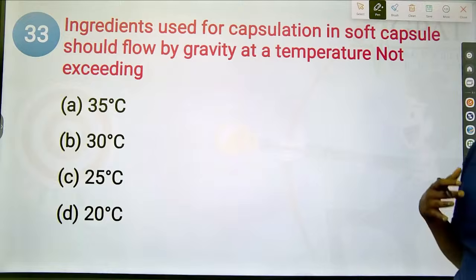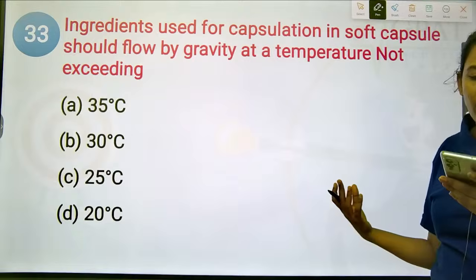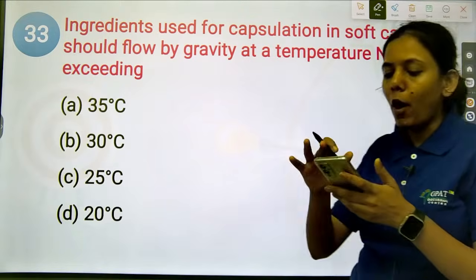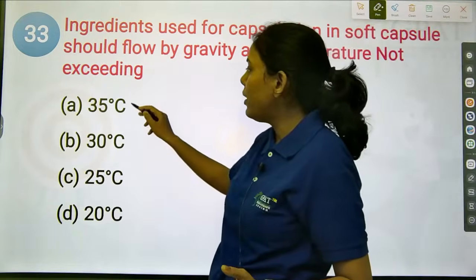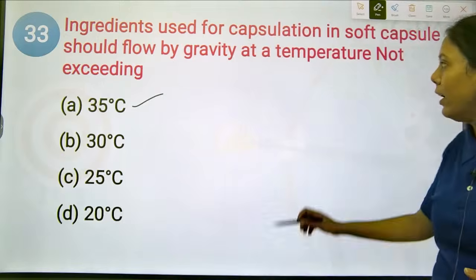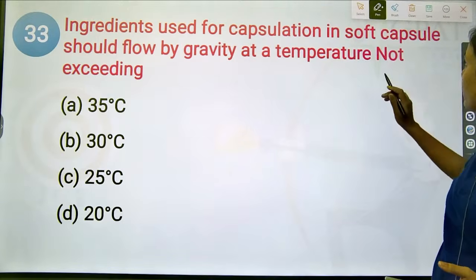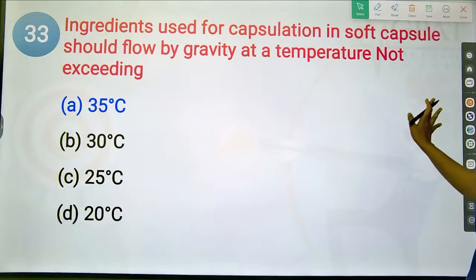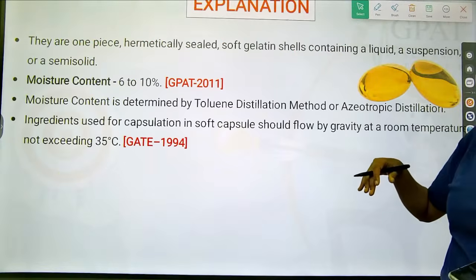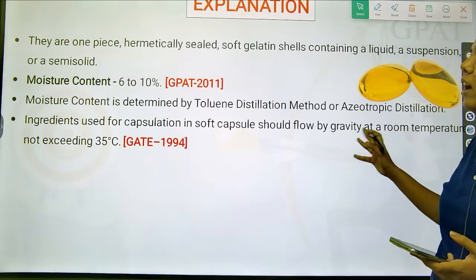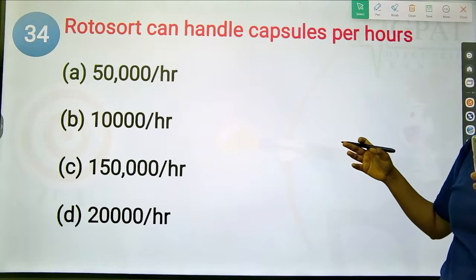So it is a little bit higher than room temperature, or close to body temperature you can say, that is your 35 degrees Celsius, okay. So it should flow by gravity at a temperature which is not more than 35 degrees Celsius, okay. The moisture content I think everybody knows.